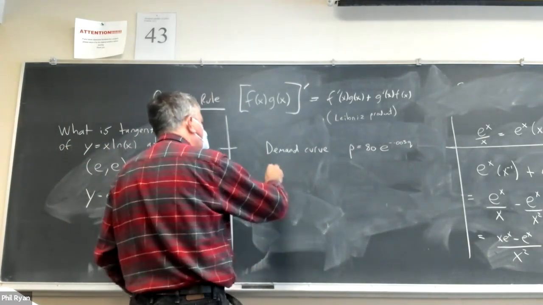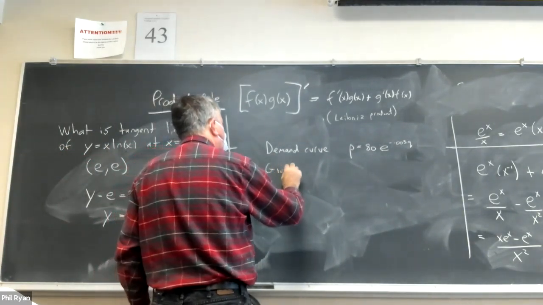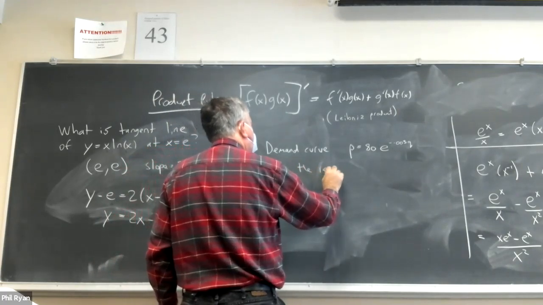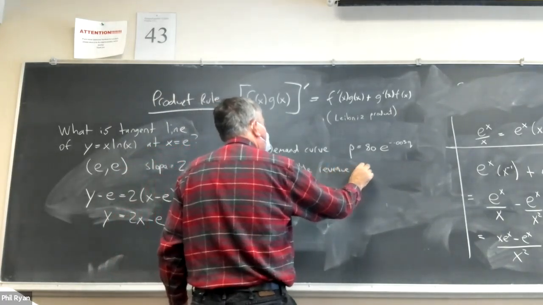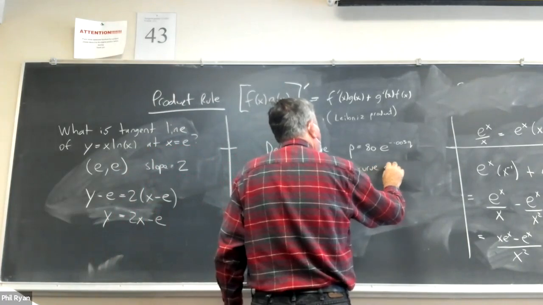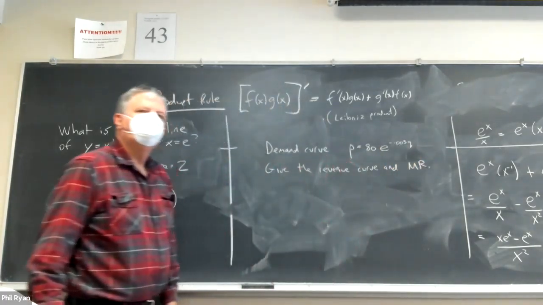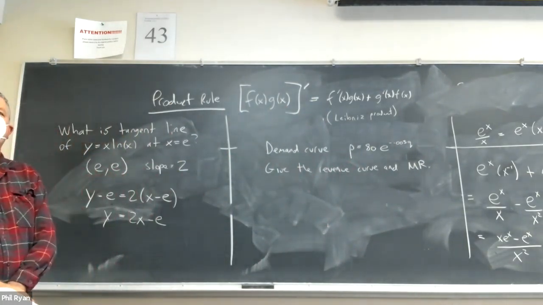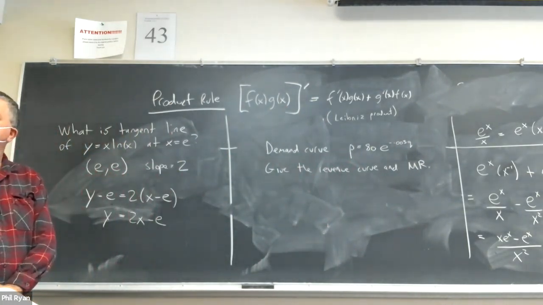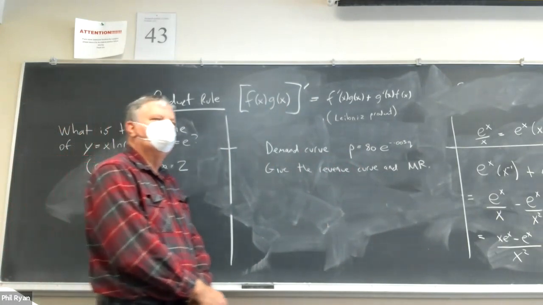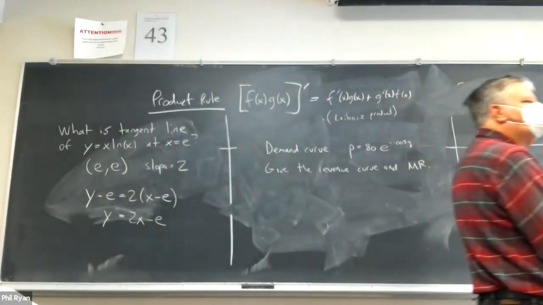Here's a question. Give the revenue curve and marginal revenue. Now we have to think. How do we get revenue from demand?